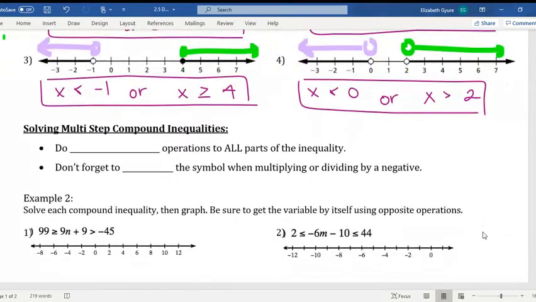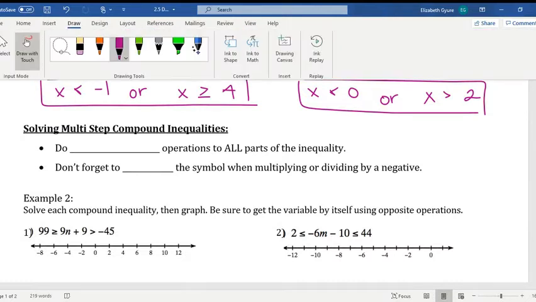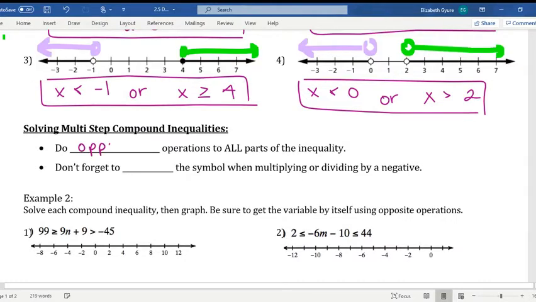All right, so now we're going to solve some multi-step compound inequalities. So remember, when we're solving our inequalities, you treat them like equations. You do opposite operations for all parts of the inequality. And don't forget to flip the symbol if you're multiplying or dividing by a negative number.